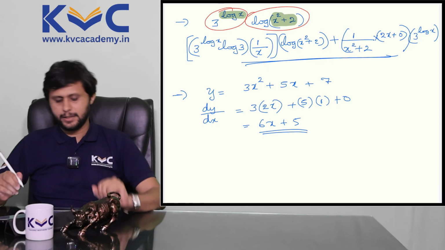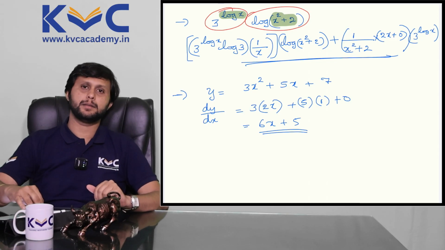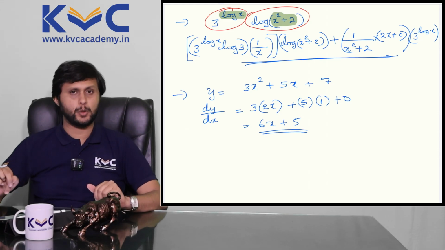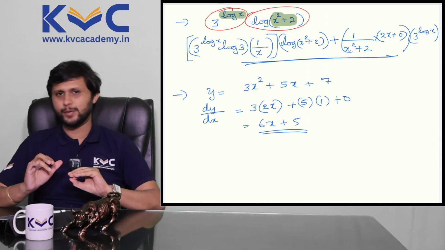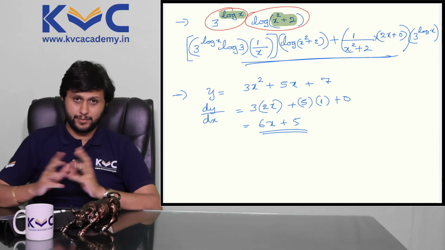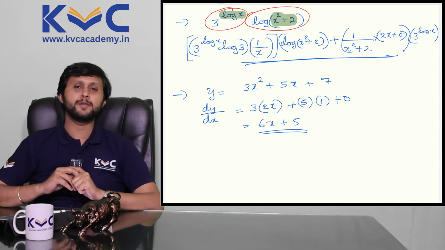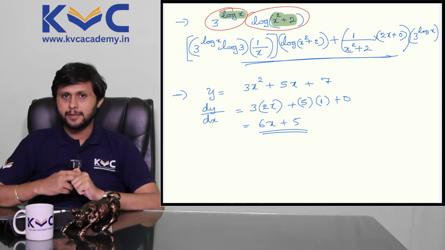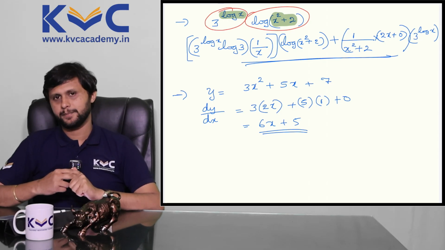So with all the rules that we have learned, taking help of the standard formula that we have, we will now start solving. But before that, a very quick revision. So let's do it together. We'll start with differentiation of x to the power n. Differentiation of x to the power n is n into x to the power n minus 1.